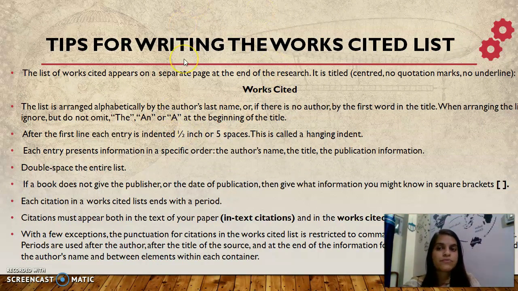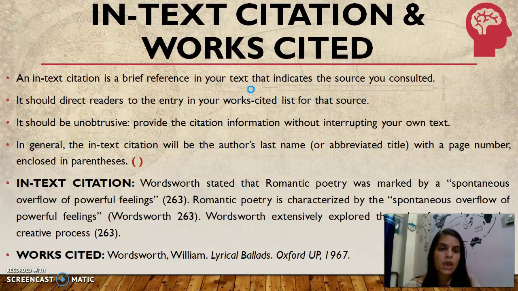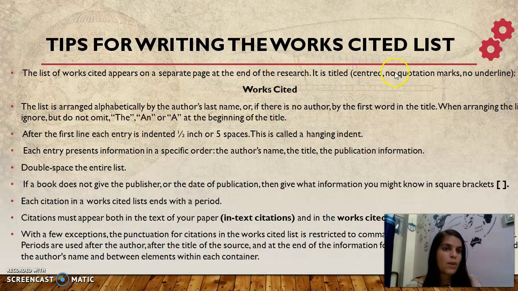Now if we sum up the basic tips that we need to remember while writing the works cited list: there has to be a separate page, and this heading, Works Cited, has to be centered, without any quotations and without any underlining.